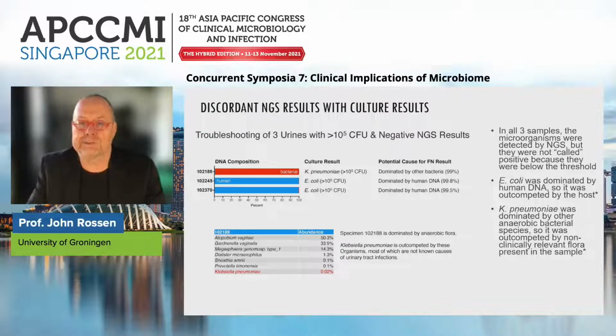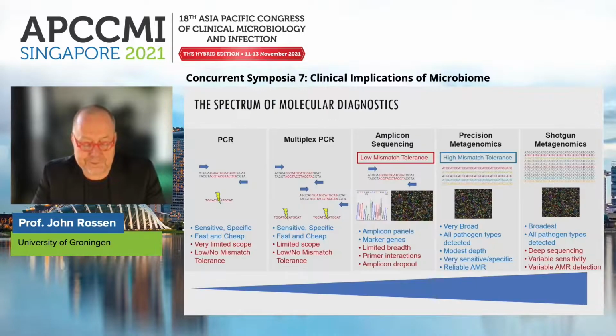So it was outcompeted by non-clinically relevant flora that was present in the sample. So this is causing a problem, and it means that our sequencing approach may not be sensitive enough. However, there are options to improve that.